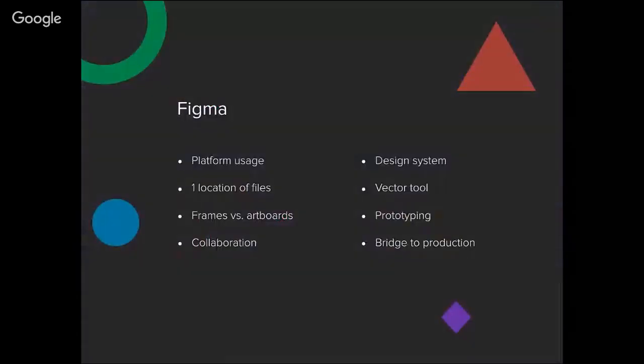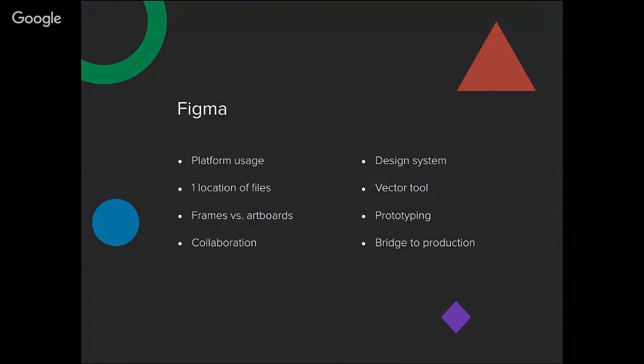So firstly, I want to quickly show you what I'm gonna cover from Figma. The platform usage, how it is your source of truth, something Simon has already mentioned also with design systems. You can use Figma as the one place where your design system is to communicate this to your stakeholders and colleagues. Figma uses frames versus the artboards that Sketch uses.